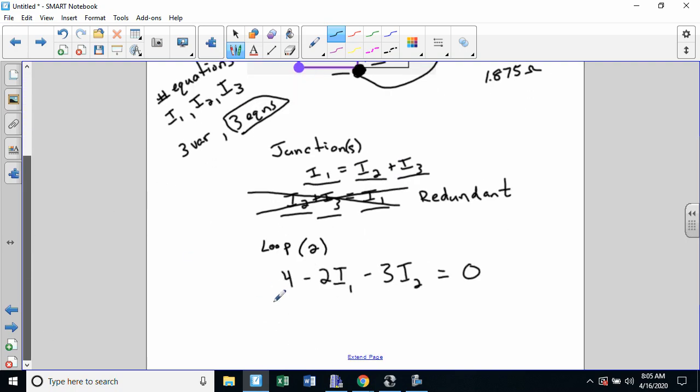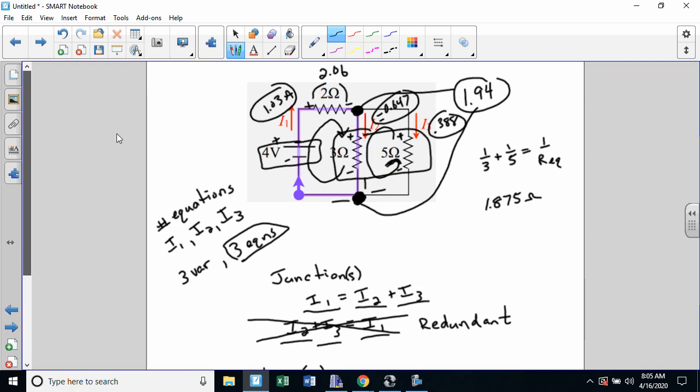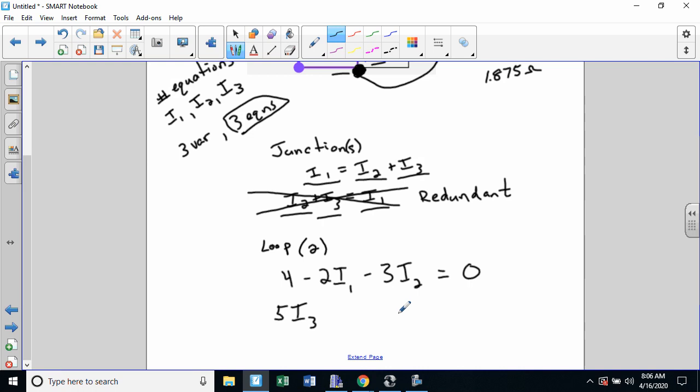So that means the 5 ohm is actually going to be a raise. It's going to be a raise of 5 times I3. When I keep going counterclockwise and I go through the 3 ohm, because I'm going from the high side to the low side, this is going to be a drop of 3 times I2. And again, they have to add up to 0.